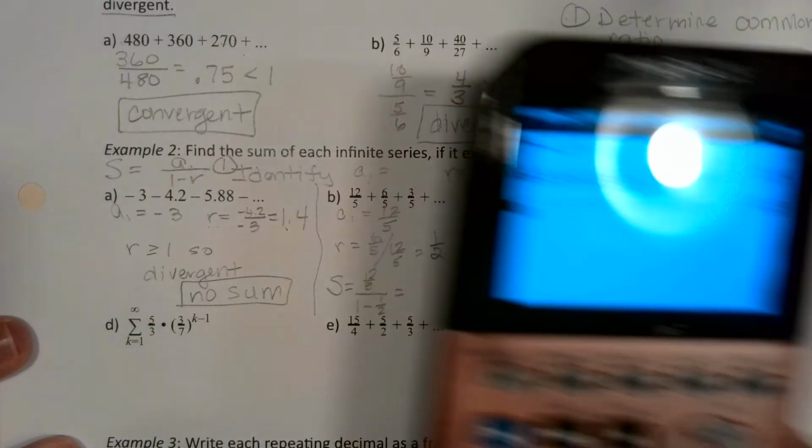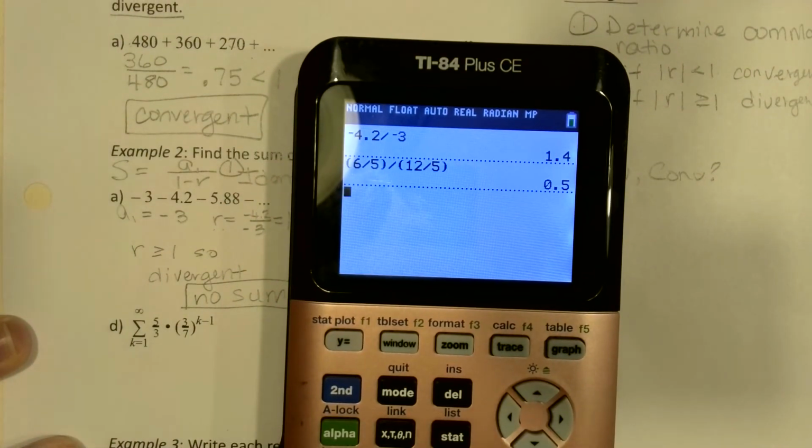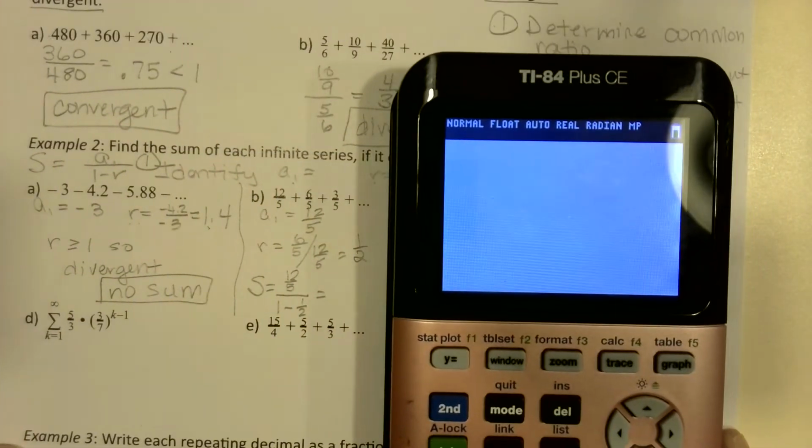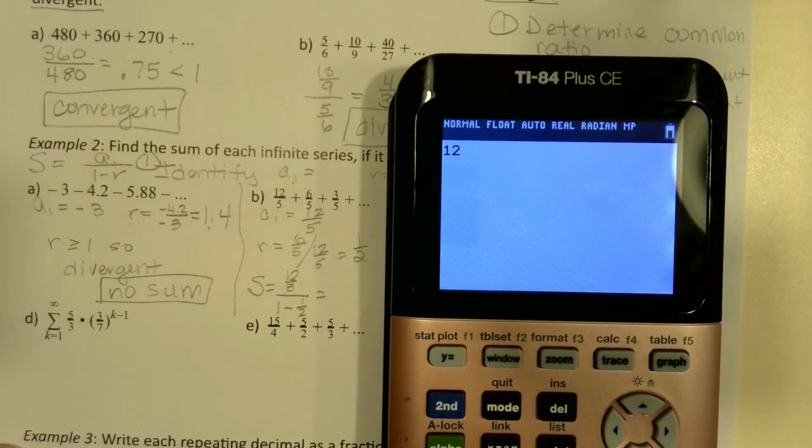Okay, so I'm going to go ahead and just put all of that in my calculator at once. Okay, so 12/5, actually, parentheses, I've got a fraction here. 12/5 divided by 1 minus 1/2. That's what they should all look like.